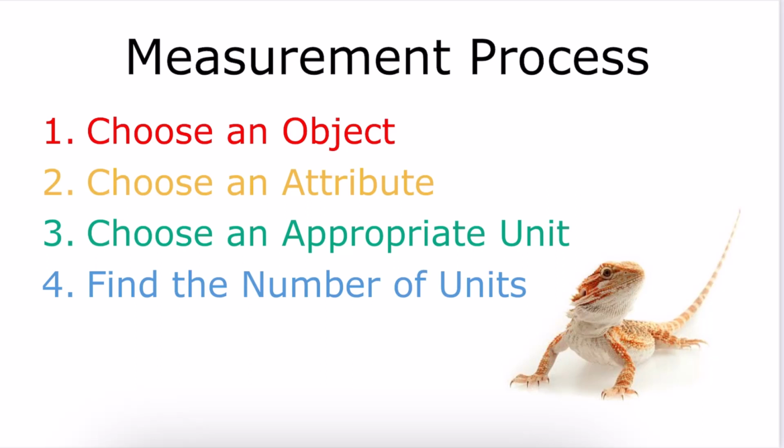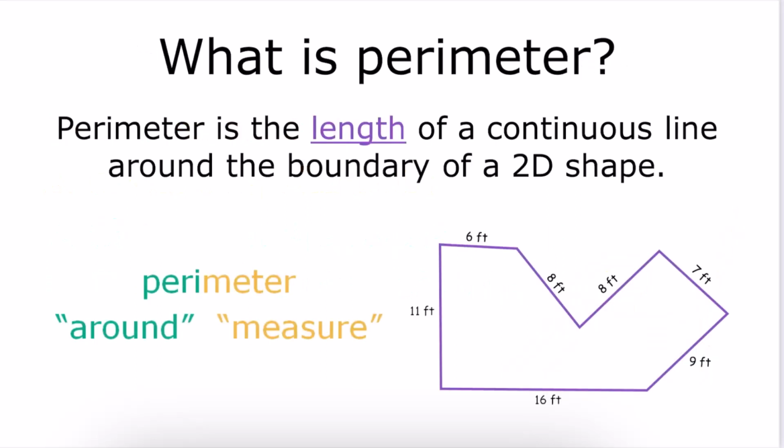And on your homework, you are going to see some problems with perimeter, because perimeter is a one-dimensional measurement. And the measurement we're focusing on this week is one-dimensional. So the word perimeter literally means around measure. The root word peri means around, and meter means to measure.